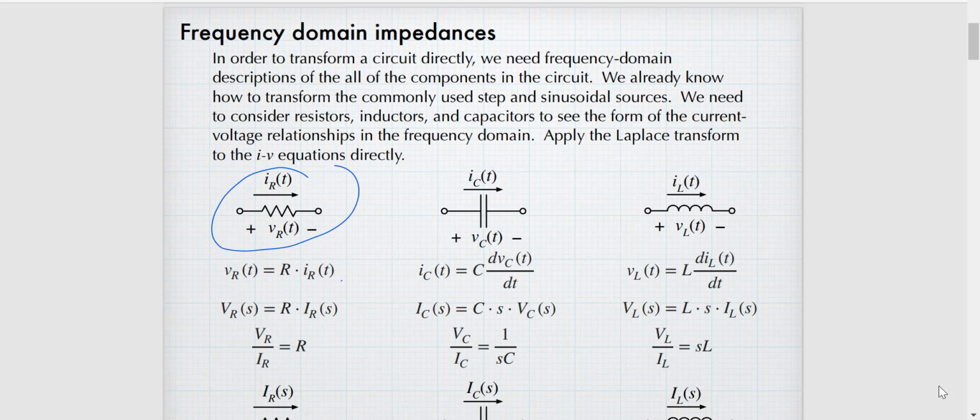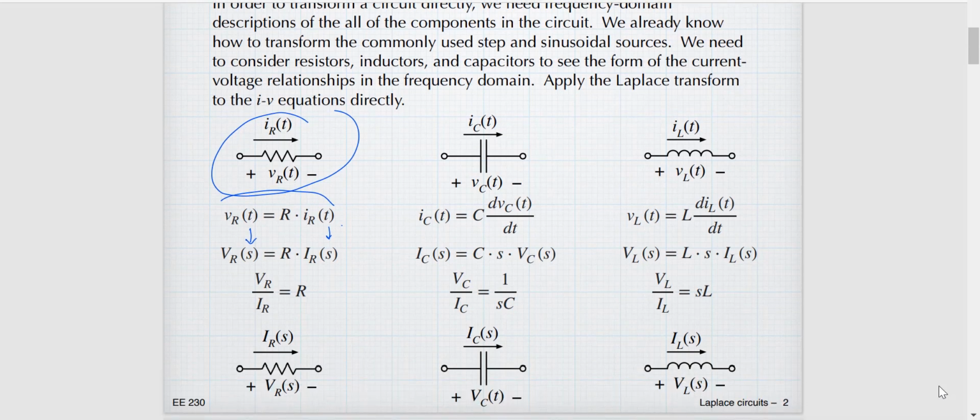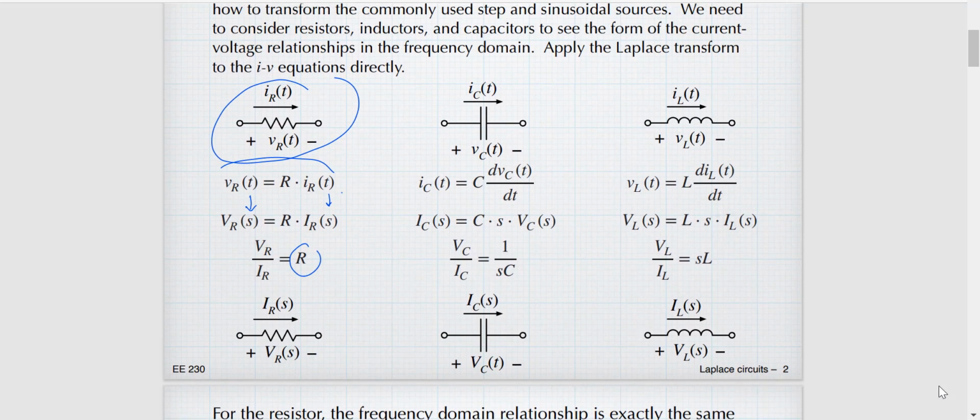This is in the time domain, and if we transform to the S domain, it's the same, the only difference is the notation from the time domain to the S domain. We can get the constant R by using VR per IR. This is the notation in the S domain.